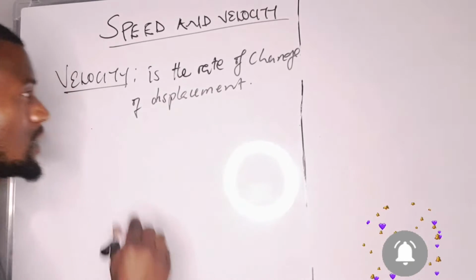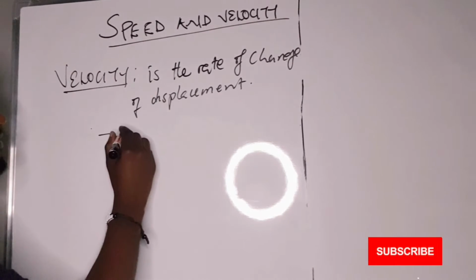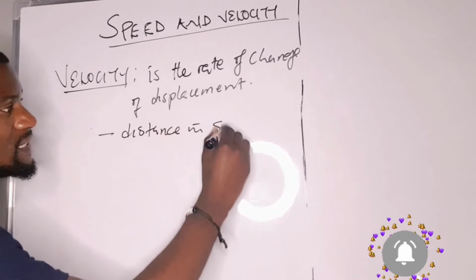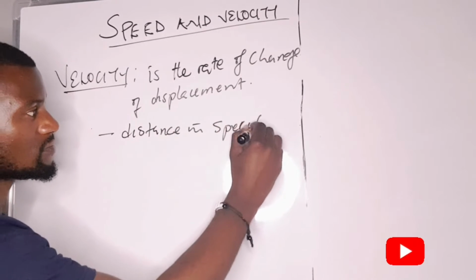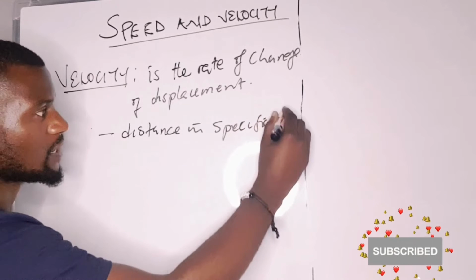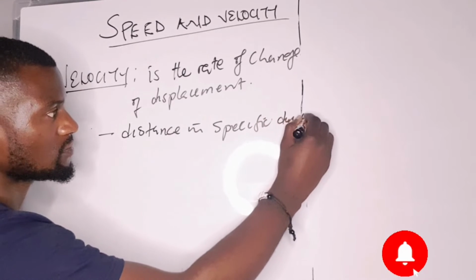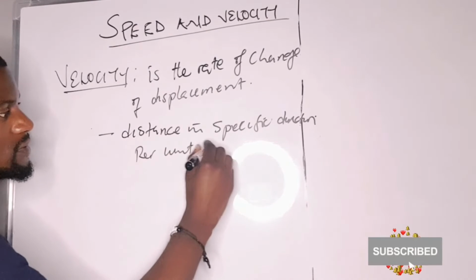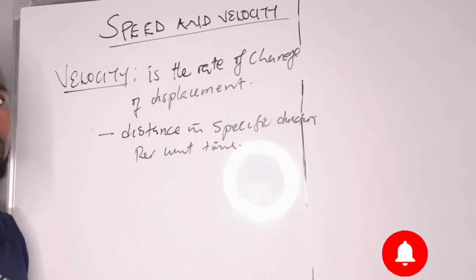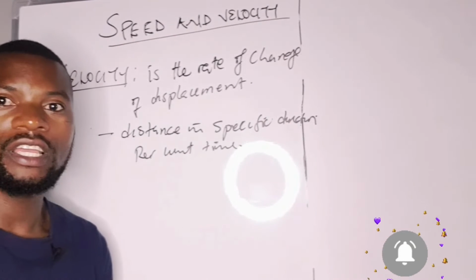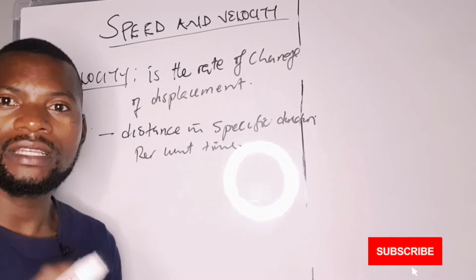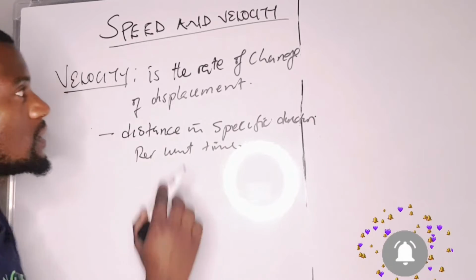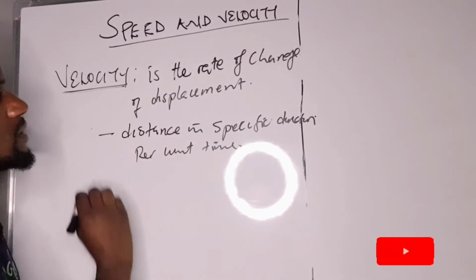So we are saying a change in distance in a specific direction per unit time. The change in distance in a specific direction per unit time, that is what we're calling velocity.